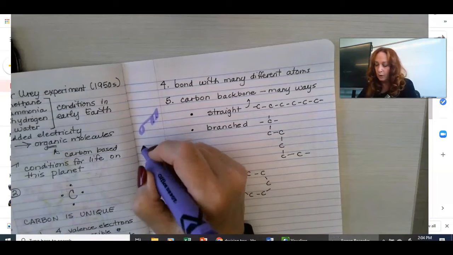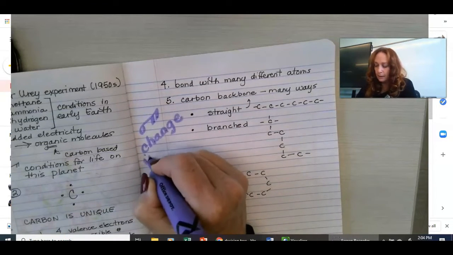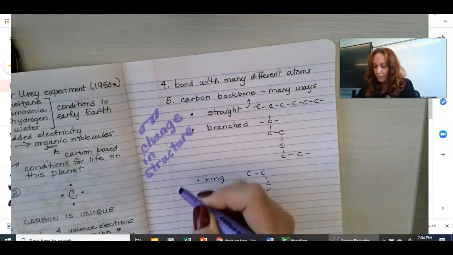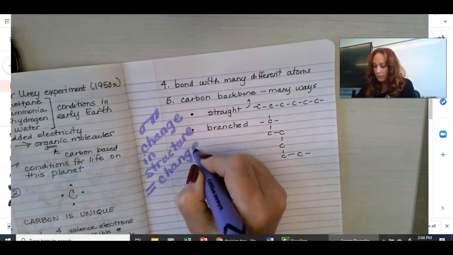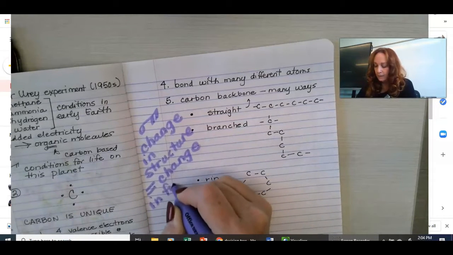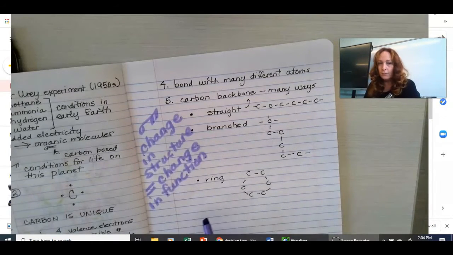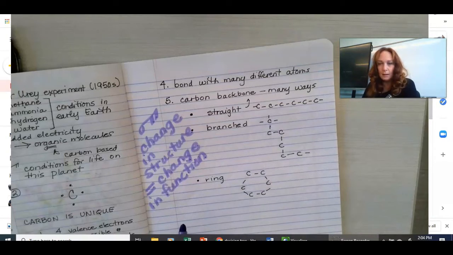Ooh, purple's good. Change in structure, this is true for everything, equals change in function. So if you go from straight or branch to rolled up in a ring, the molecule does not behave the same anymore.